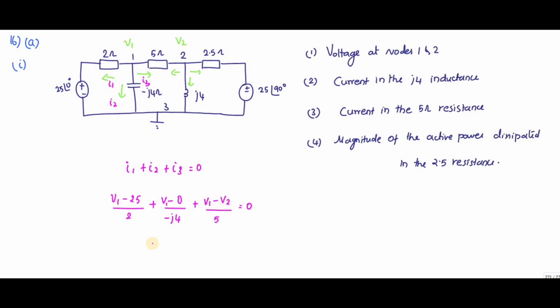So I can write this as 0.5 V1, since 1 by 2 is 0.5, minus 12.5. If I multiply by j on both sides, this becomes plus j 0.25 V1, since 1 by 4 is 0.25, plus 1 by 5 is 0.2, so 0.2 V1 minus 0.2 V2, that is equal to 0.